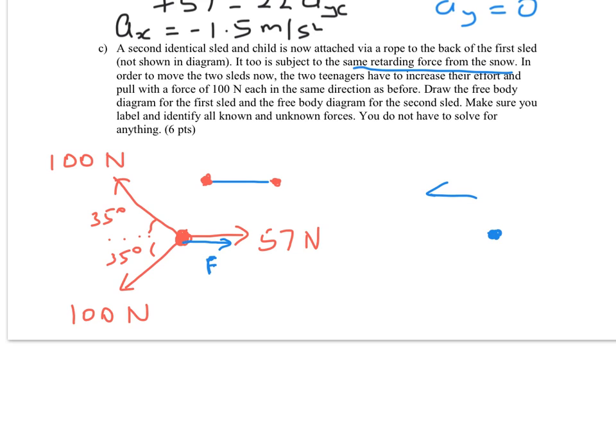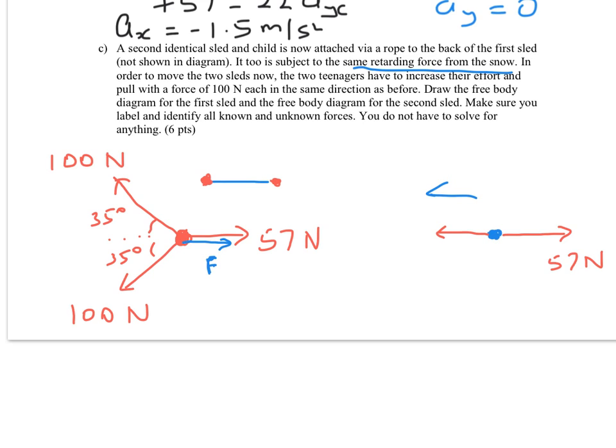Therefore, there is a force of 57 newtons due to the snow. Now, the two teenagers are not pulling on this sled, so the second sled doesn't have those extra forces. But what it does have is the rope that is attached to it that is pulling it forward. So there is also the force due to the rope.